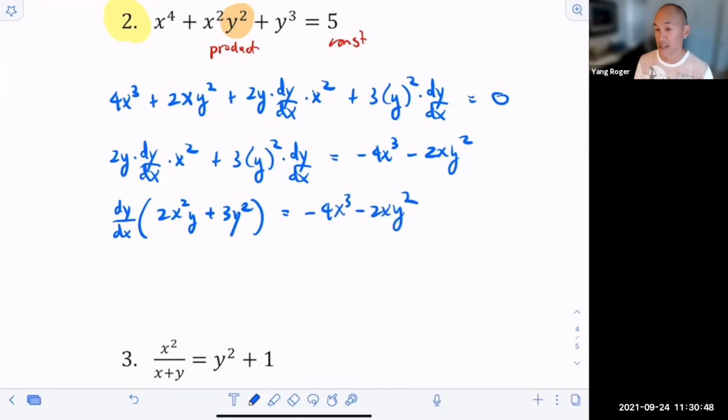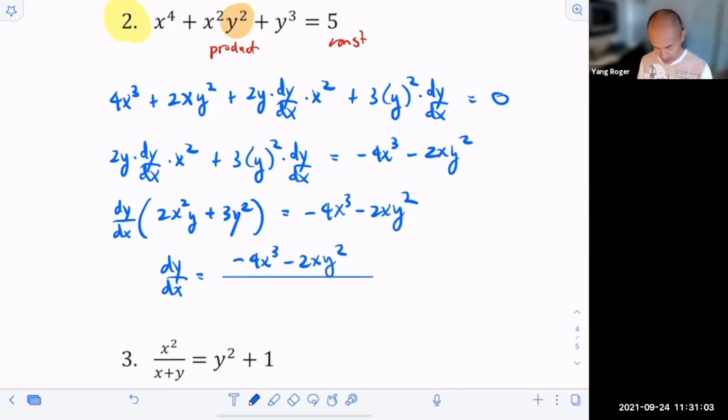And the last thing I do to get my dy dx is divide. So we're going to get negative 4x cubed minus 2xy squared divided by 2x squared y plus 3y squared. And that's going to be our answer.